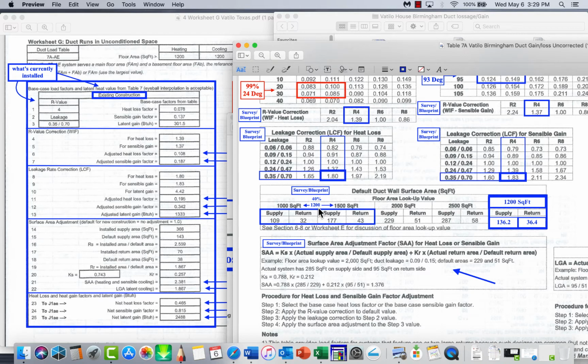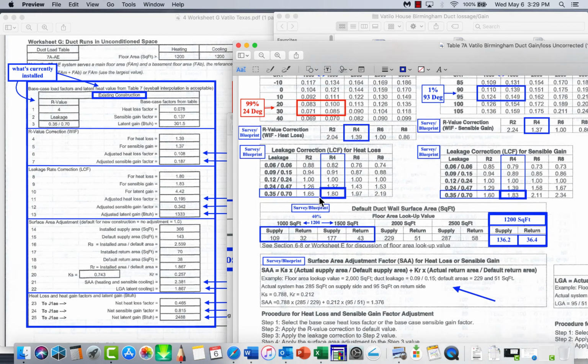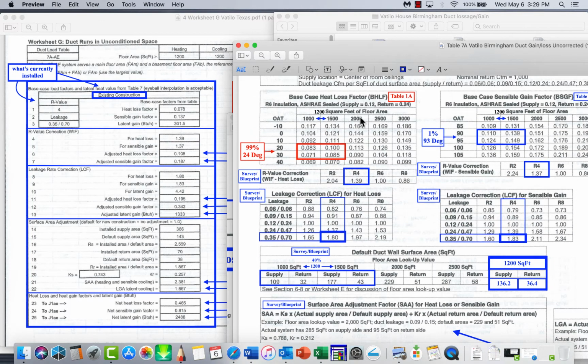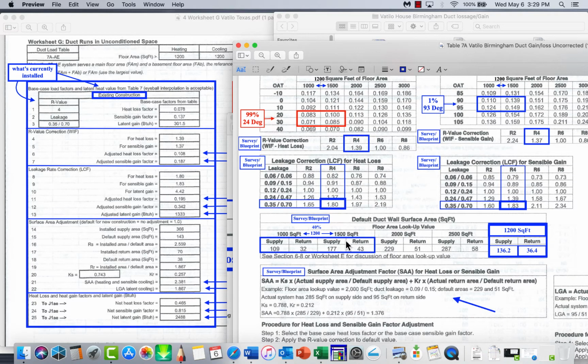In other words, you have to find the percentage 1,200 is in between these two numbers, 1,000 and 1,500, and we figure out that it's 40% of the way, just like it was up here on your base case heat loss table, sensible gain table, and latent gain table. So we're still at 40% in between these two numbers, so that means we're looking for a number that is 40% in between 109 and 177.